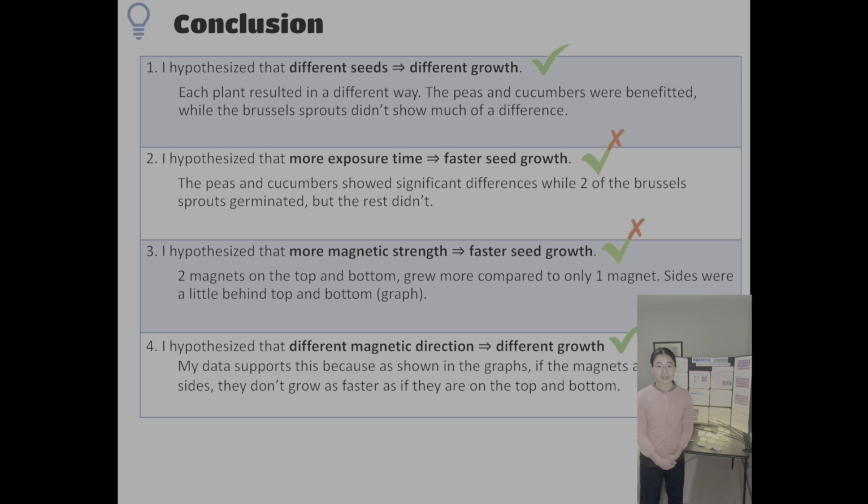These were correct, but some of them had the exception of Brussels sprouts, which again didn't sprout, except for 2 of them. So if I were to do this experiment in the future, I'd have a better seed type instead of the Brussels sprouts, so that I could get more accurate data.